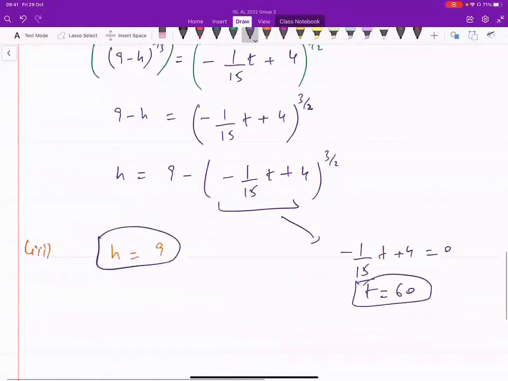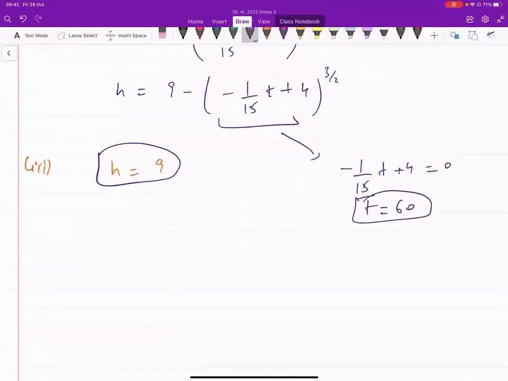Doesn't really matter. यहाँ पे भी करोगे 9 और 9 कैंसिल हो जाएंगे. You'll get something very simple. आपको सिर्फ ये रह जाएगा, अंदर वाला पार्ट 0 हो जाएगा. So that's actually simpler to think about here.